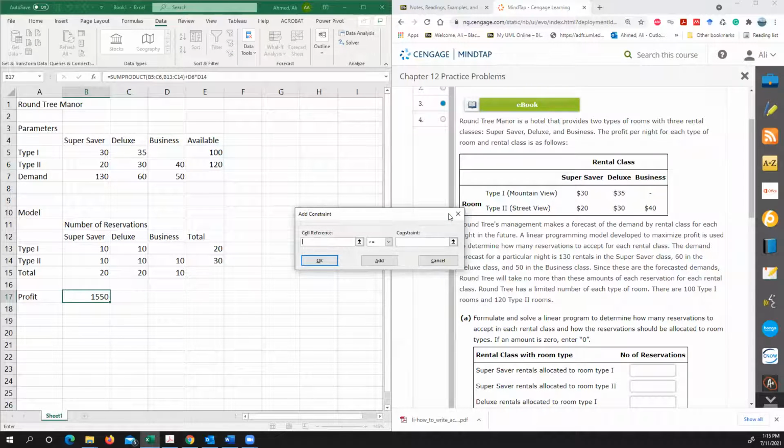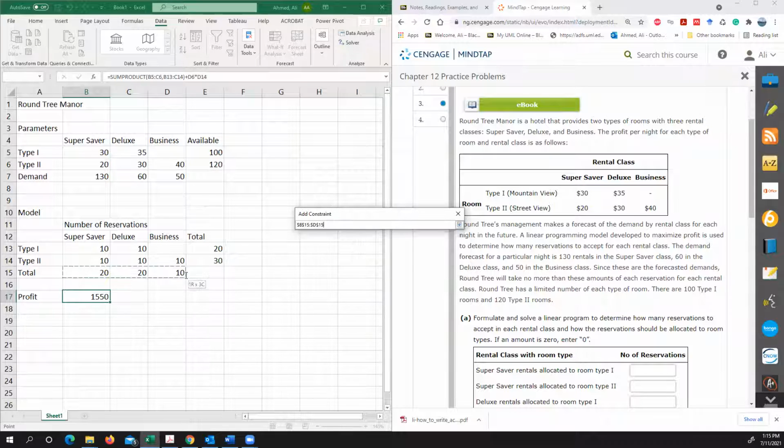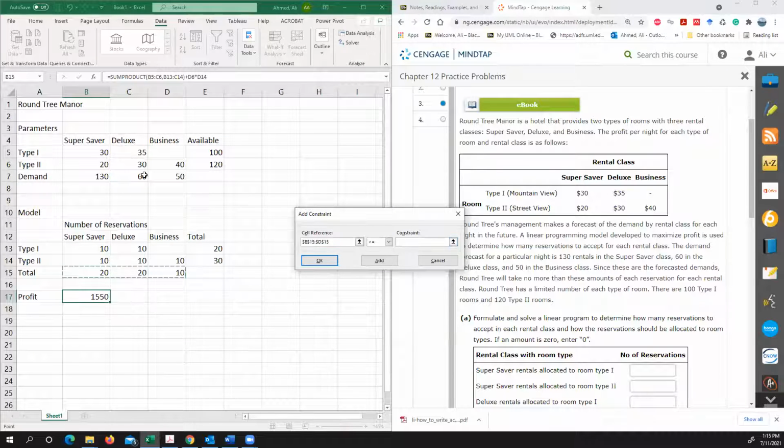A very simple first constraint is how much demand I can have. These total reservations cannot go above these values. It's pretty simple. So these values are less than or equal to these values.